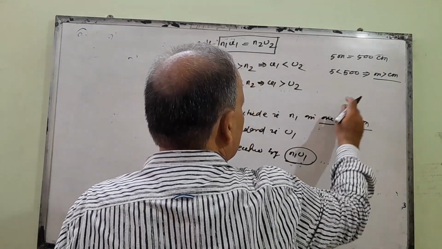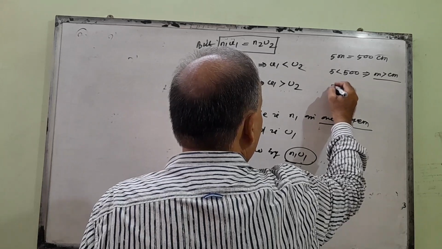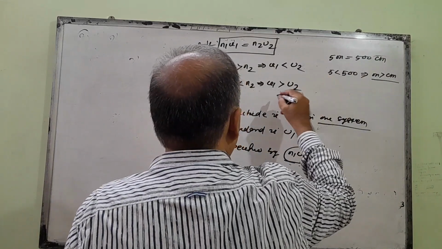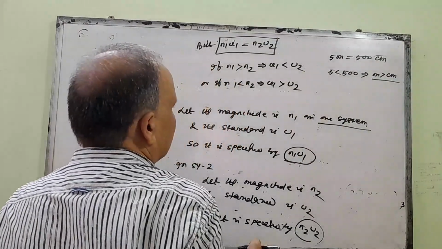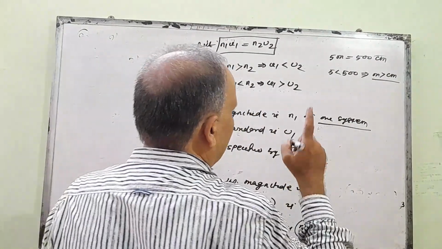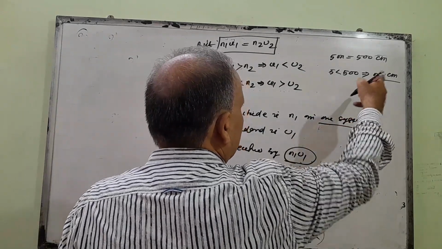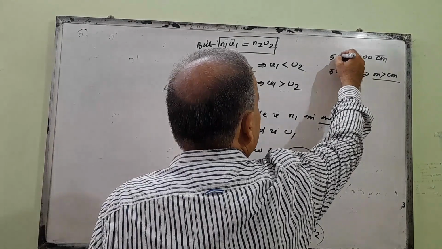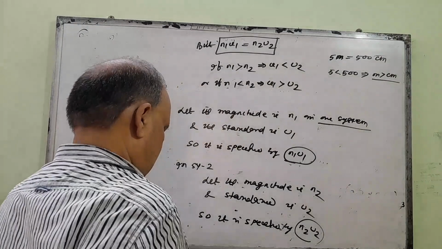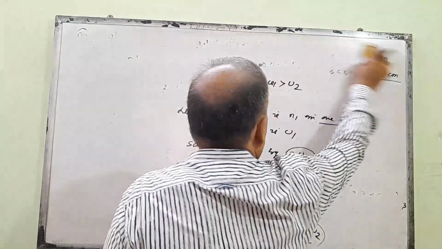In a similar manner, if magnitude is greater, then its unit is smaller or standard is smaller. And if magnitude is smaller, then its standard must be greater. Here magnitude is smaller, standard is greater. Similarly, here magnitude is greater and standard is smaller. Then you see, this is the unit or standard.